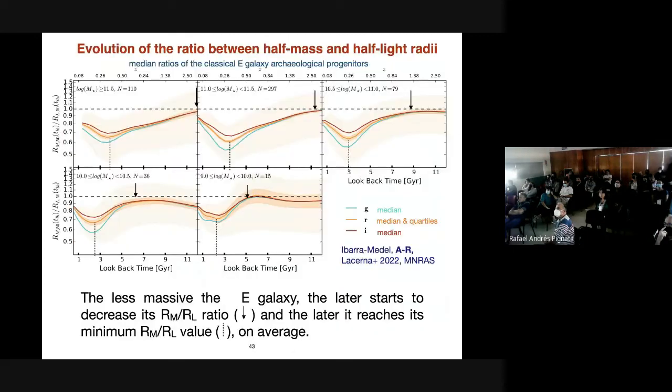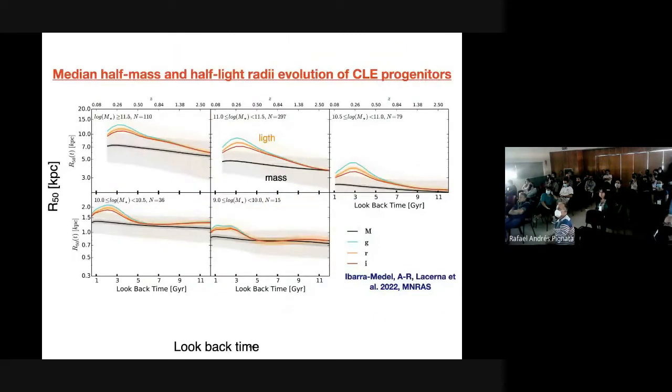Sorry. And the point here, you can see the growth of the half-mass radius for the different mass bins, the black solid line. The radius grows only about 10 to 20% from redshift 2 to today in these elliptical galaxies. The light radius grows much more because of this effect of inside-out quenching, and also because of some aggregation of younger populations in the outer radius.